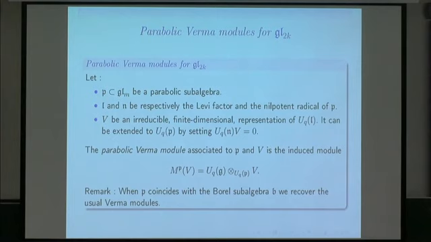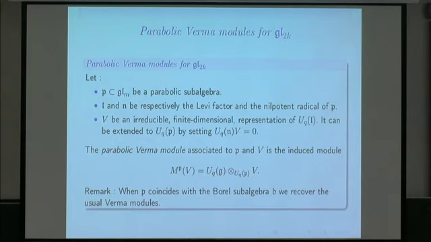So let's see what a parabolic Verma module is. I will not go into technical details. I'll try just to say enough for us to keep on going. So we consider a parabolic subalgebra.